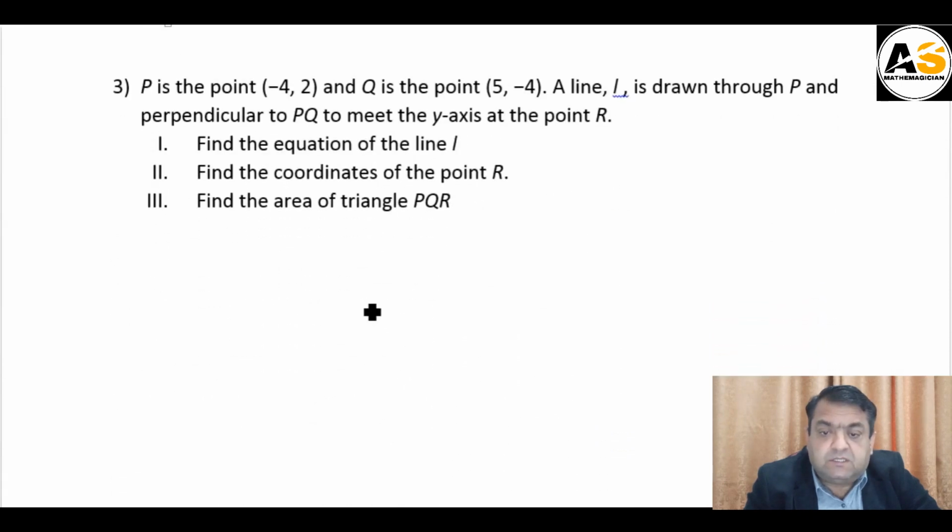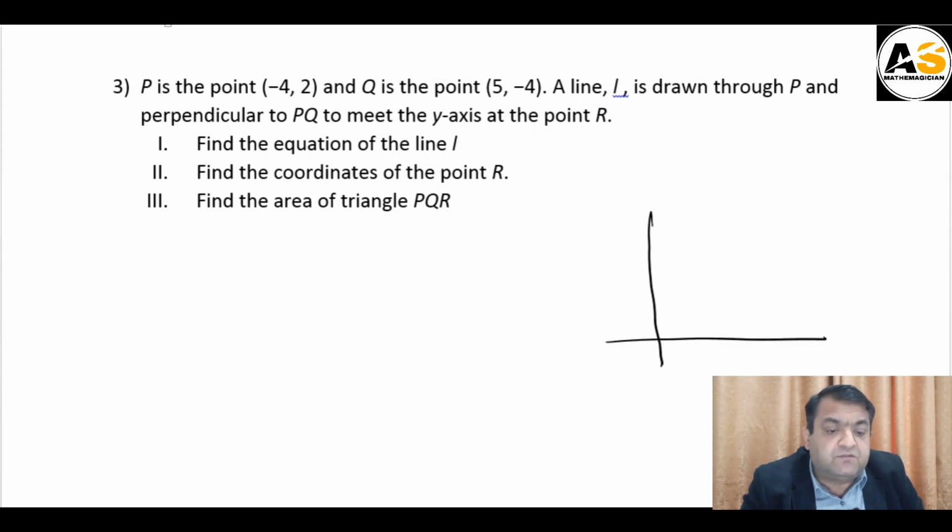This is question number 3 for today. A point P is given, a point Q is given. A line L is drawn through P and perpendicular to PQ, and it meets the y-axis at point R. Let me have a rough sketch. It will be helpful.